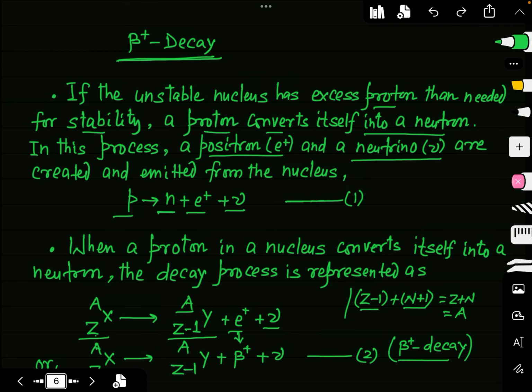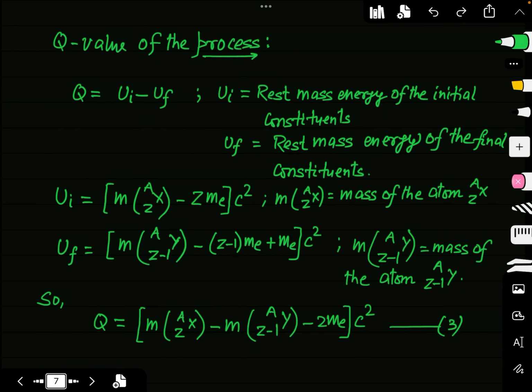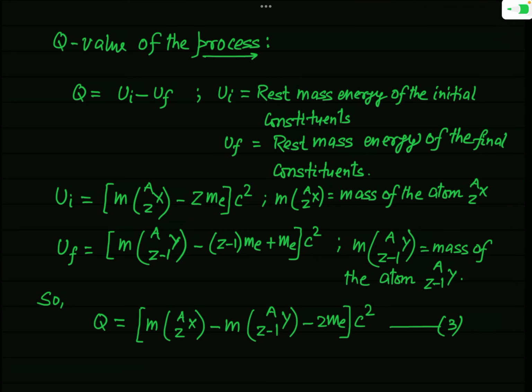Now again we will calculate the Q value of this process. The calculation of the Q value will be exactly the same as it was in the case of the beta minus decay process. So the Q value of the process will be Ui minus Uf, and you know what this is. You have studied this several times, so I am just repeating the same thing.